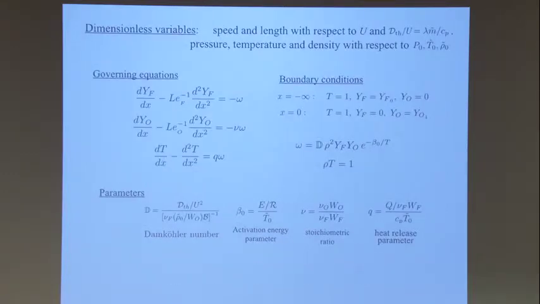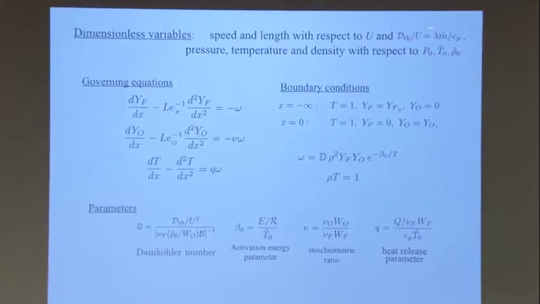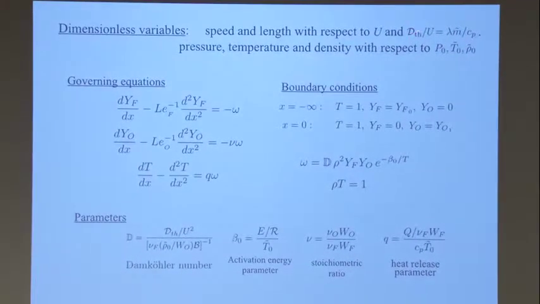So since we want to write the problem in dimensionless form, we use the diffusion length, which is built from the thermal diffusivity divided by the incoming velocity as the length. Everything else is standard. We use the pressure, temperature, and density of the incoming stream as units. And I have assumed for simplicity, although there is no need to do that, that the temperature of the fuel and oxidizer is the same.